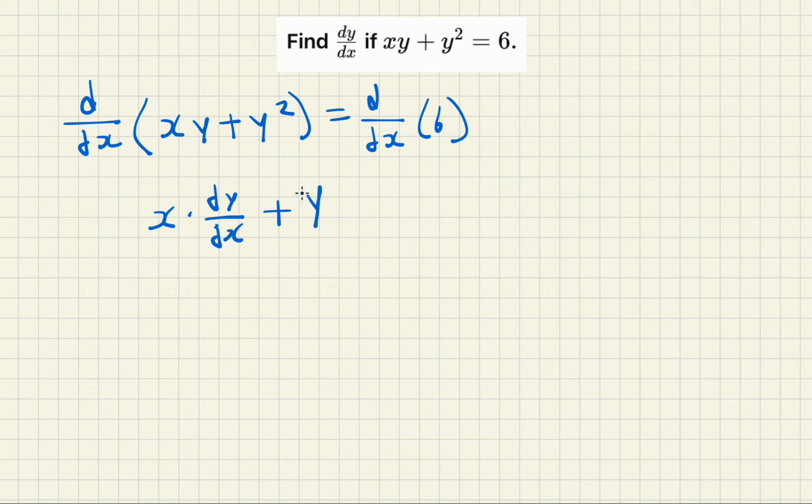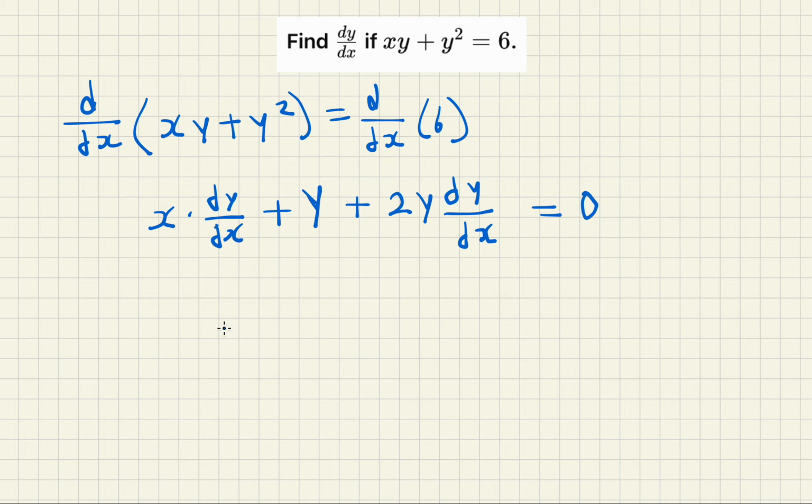So y times 1 is y. And y squared, when differentiating with respect to x, is 2y dy over dx, which we did above using the chain rule. And the derivative of a constant, 6, is 0.